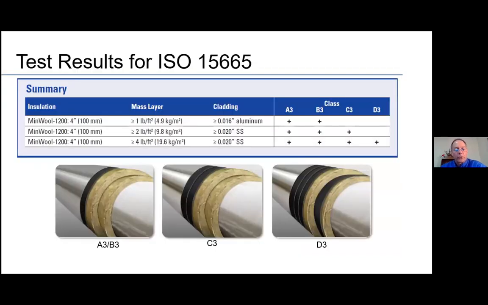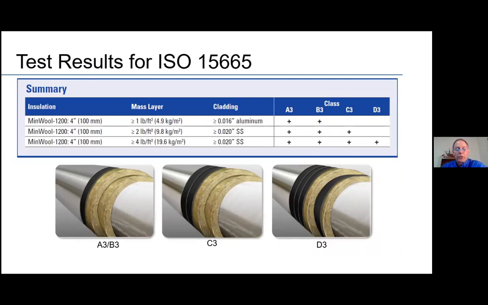So some of the results that can be obtained from doing this testing and looking at standards. These are examples of systems that have been designed and tested by one supplier. Again, you can't take these as necessarily being prescriptive. The results that would be demonstrated by this are only valid for the specific materials that were tested by this manufacturer.